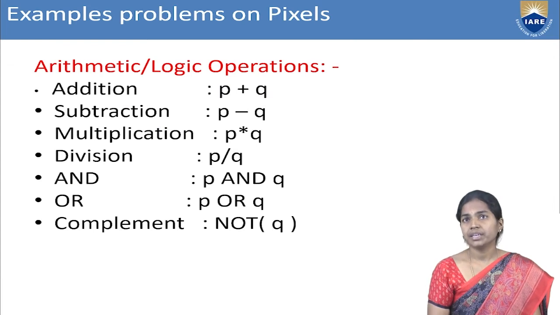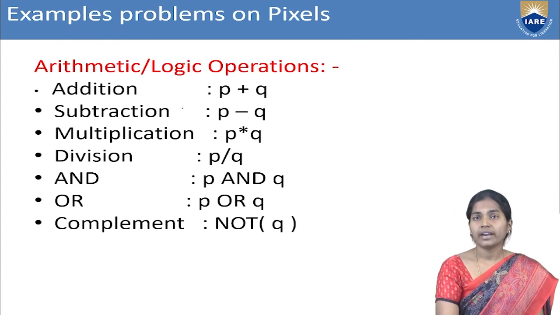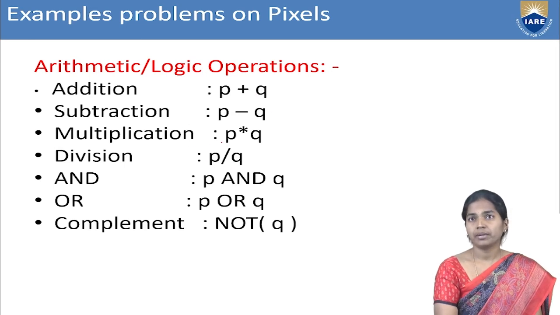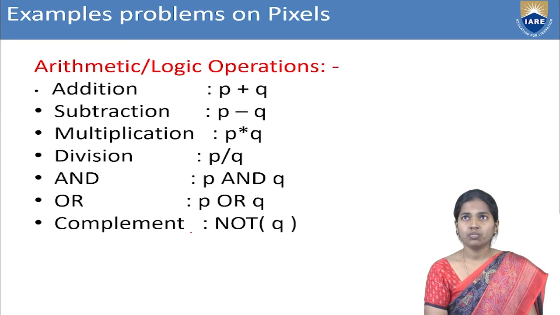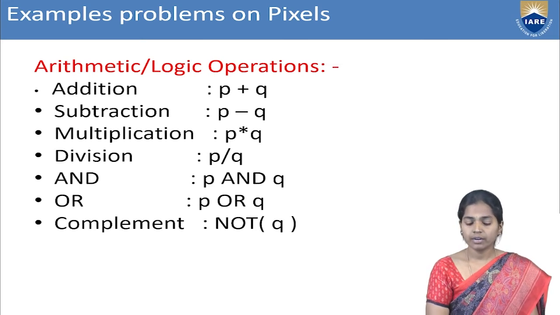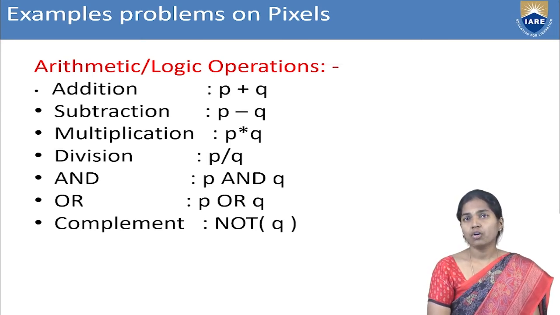In arithmetic and logic operations, addition is P plus Q, subtraction is P minus Q, multiplication we represent as P into Q, and division is P divided by Q. These are the arithmetic operations. For logical operations, we have the AND operation, OR operation, and complement operation.